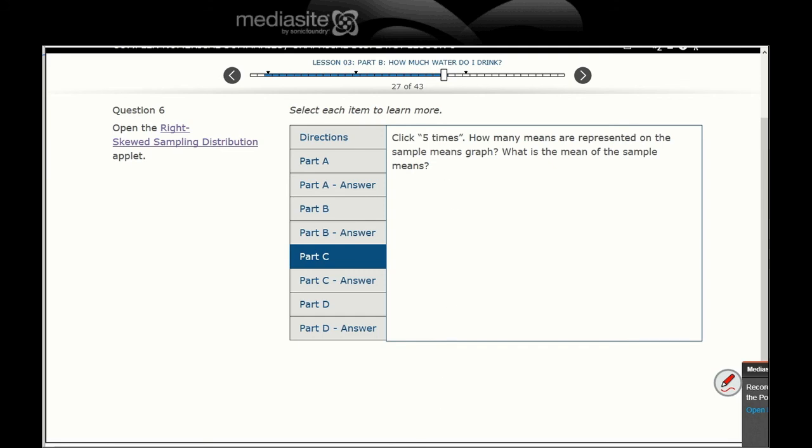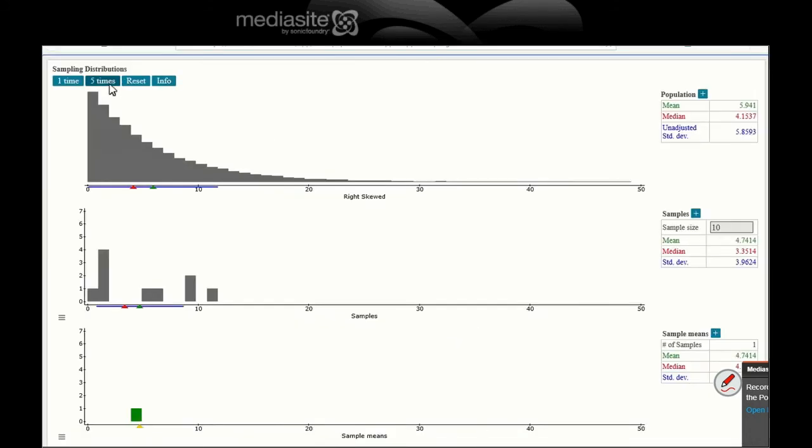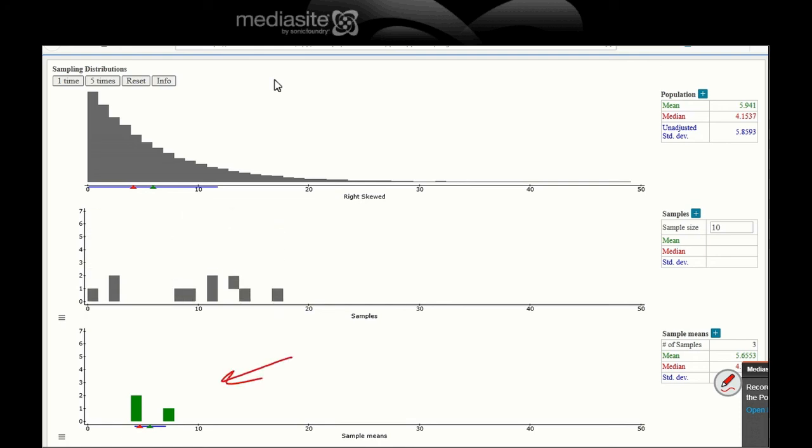Click 5 times. Now it's going to do 5 samplings of 10 samples each, or 5 averages of 10 samples each, and it's building the distribution.